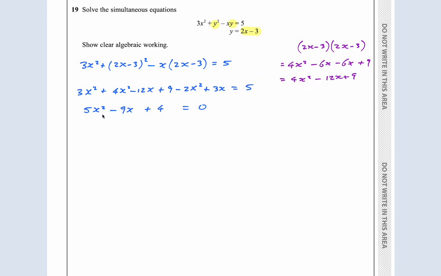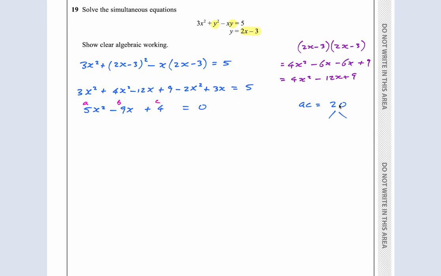Okay, now I'm going to factorize this, and we get, okay, the factors of this, guys, are 5x and x. Actually, I'll do it this way that I think I mentioned at some point that I learned a new way of doing this, right? So I call this A, B, C, and I say A times C is equal to 20, and then I need to find the factors of 20 that add up to -9.